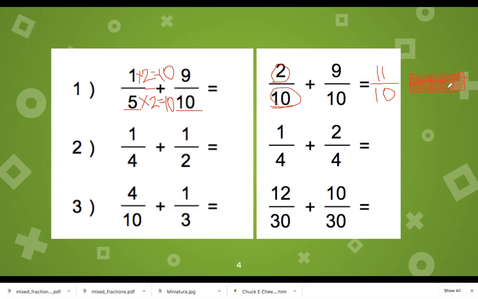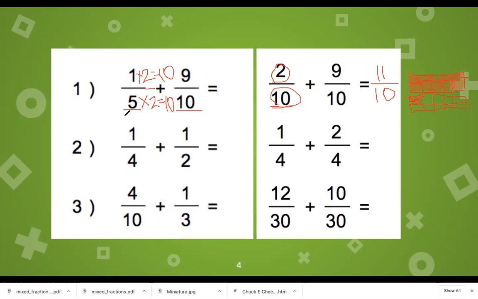I'm going to have to add another tenth there to get 9. So I'm going to create another drawing of 10. This is the easiest way that I know how to do it: I divide that by 2, and then I just divide this into 5 parts. Okay, and now I have 11 tenths, which is actually the same as 1 1/10. Do you see that in the drawing? So when we change this improper fraction into a mixed number, it's really easy to see that I have 1 whole plus 1/10.